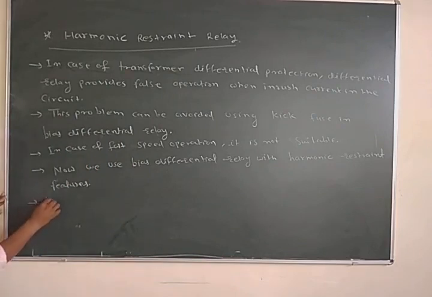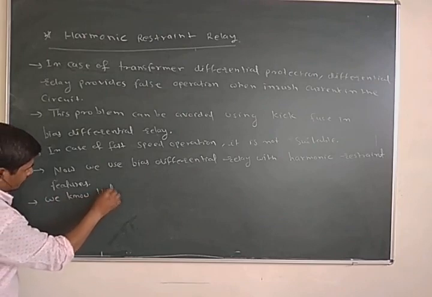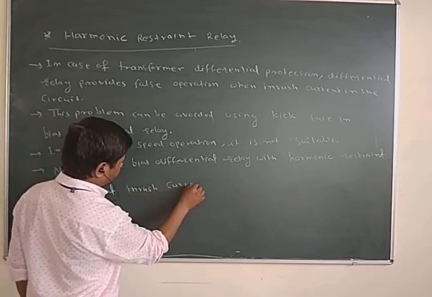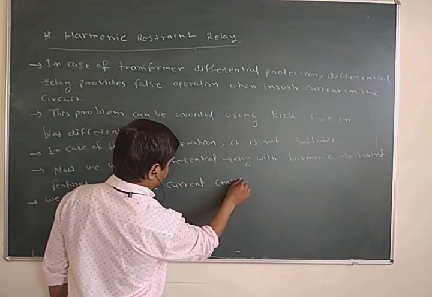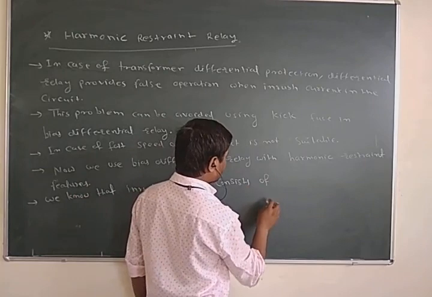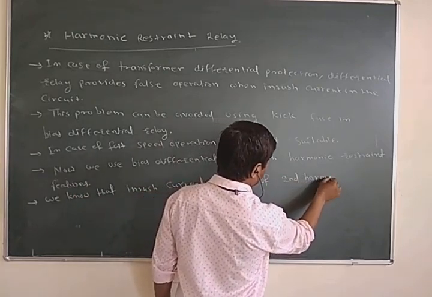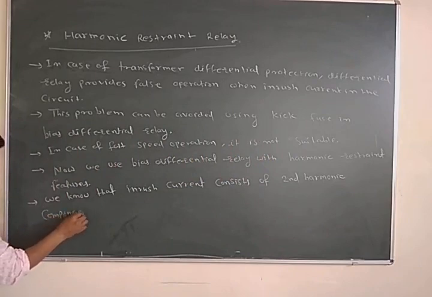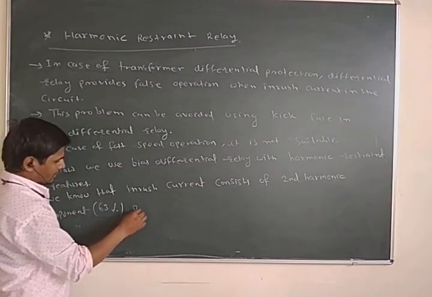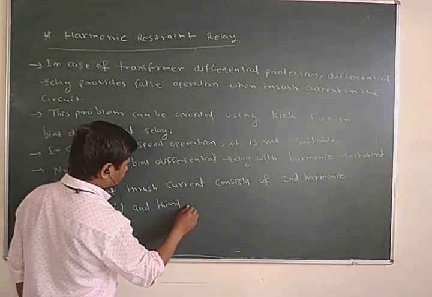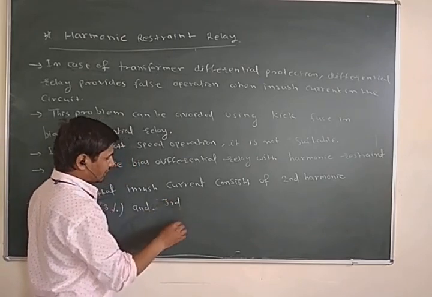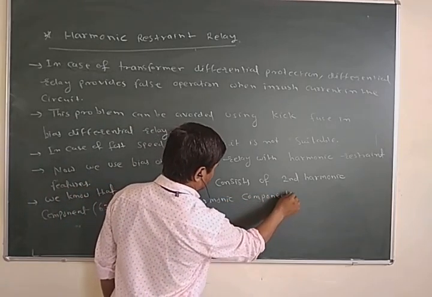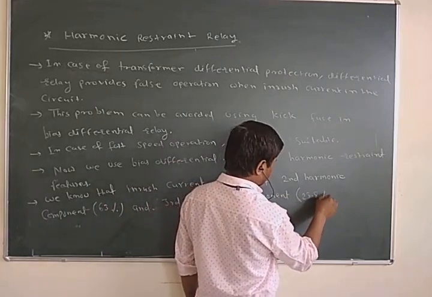We know that inrush current consists of a second harmonic component, about 63%, and a third harmonic component, about 23.8%.